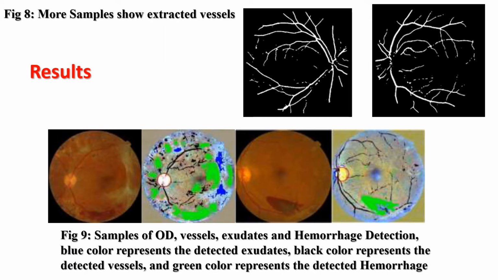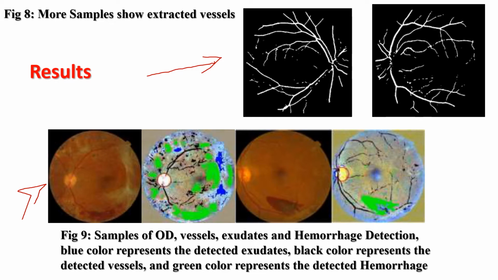As shown here, the vessels were successfully extracted, and as shown in the lower row, I colored the image according to the lesion, and surrounded the optic disc to show that it has been extracted.